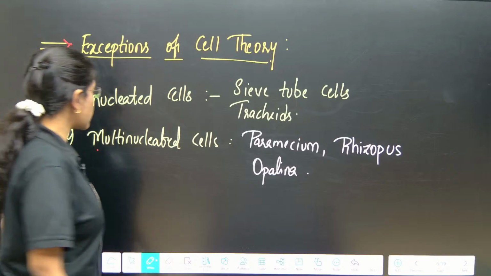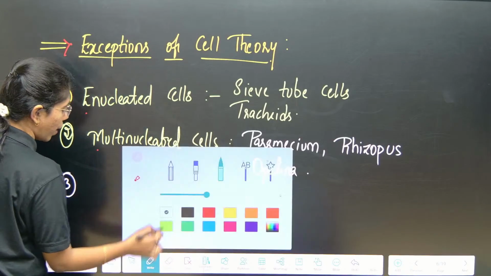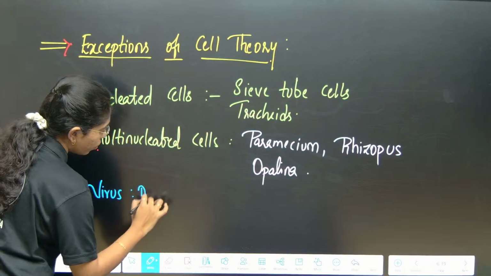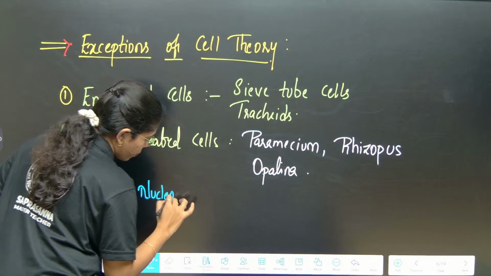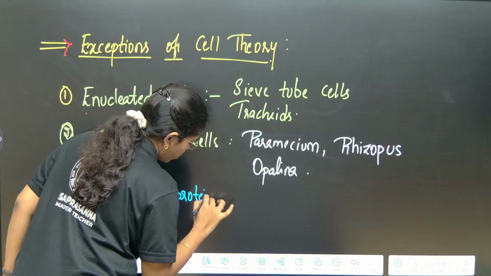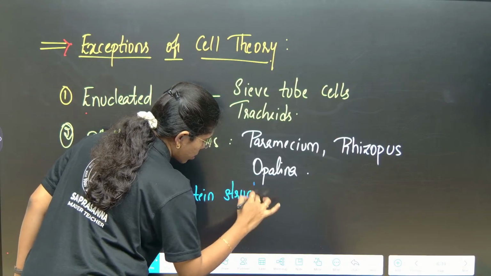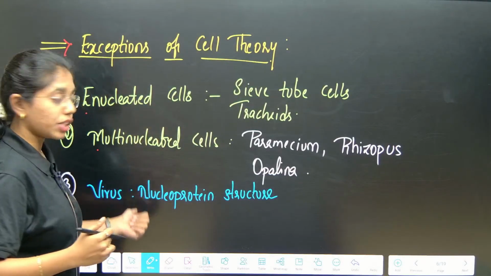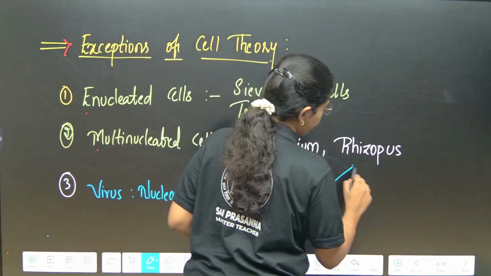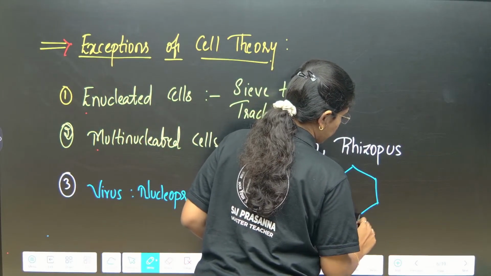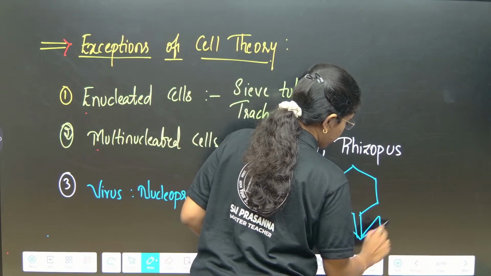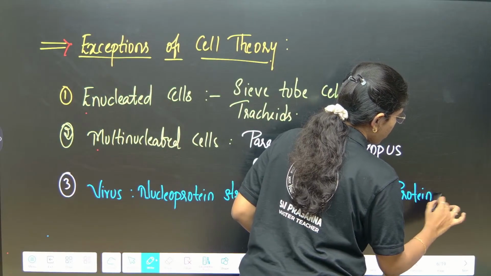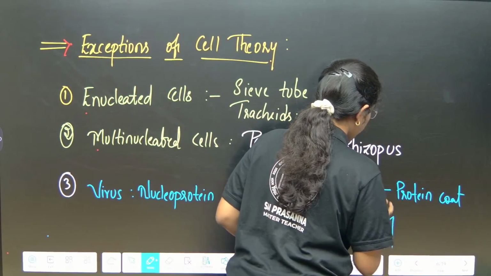And the major exception over here is virus. Viruses are known as nucleoprotein structures. They do not have a nucleus enclosed by a membrane. They just have a protein layer called capsid. If we take a bacteriophage as an example, it just has a protein coat covering the genetic material inside.